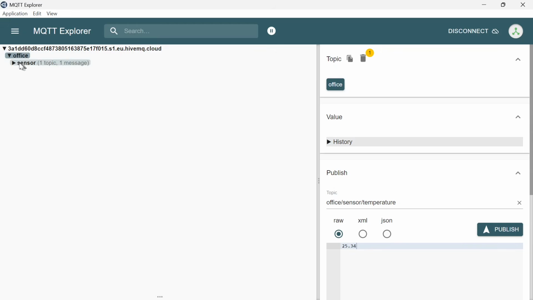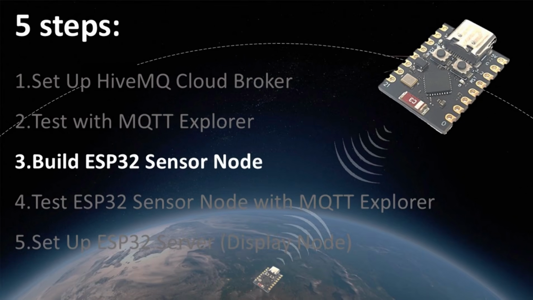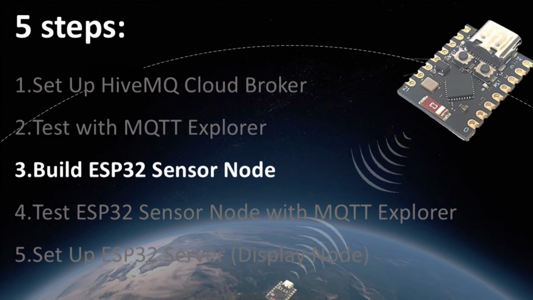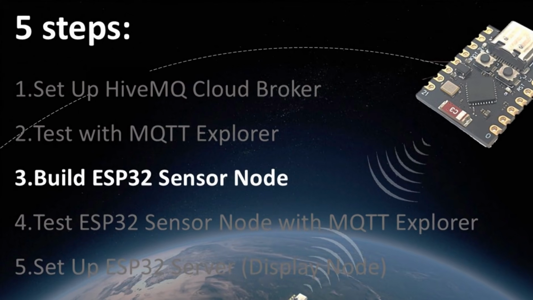Click to expand and you see on topic temperature the value appeared. This information was sent to the HiveMQ cloud and retrieved by the MQTT Explorer. Great, this works. Now we will let the ESP32s send and receive messages to the HiveMQ cloud. Let's go to the next step and build the ESP32 Sensor Node.